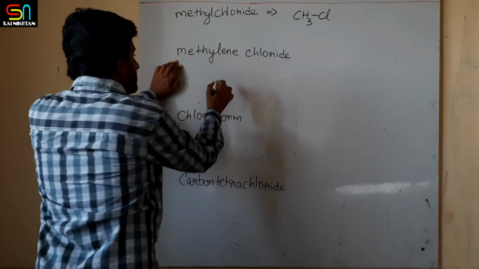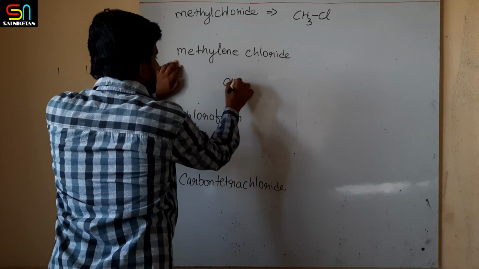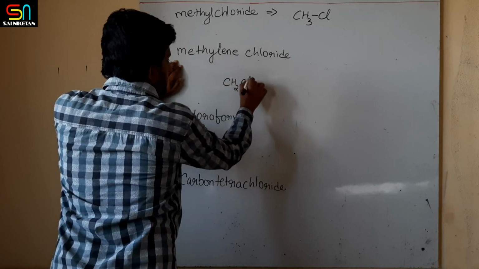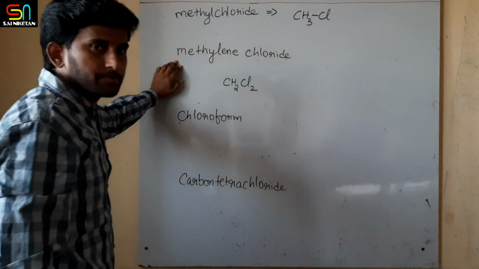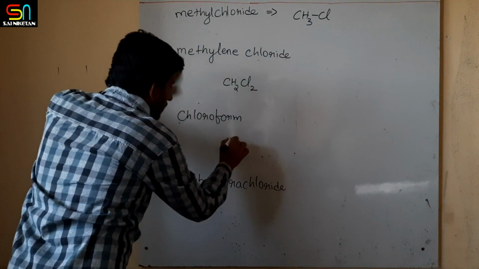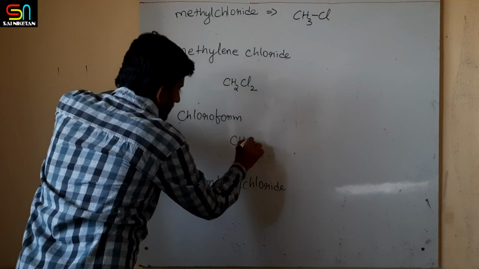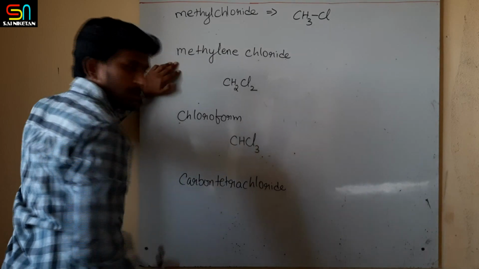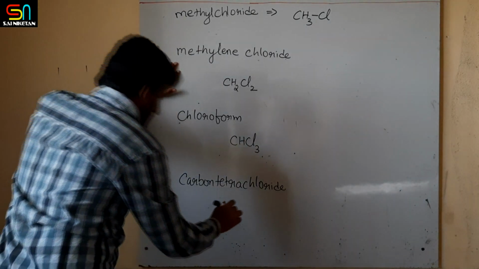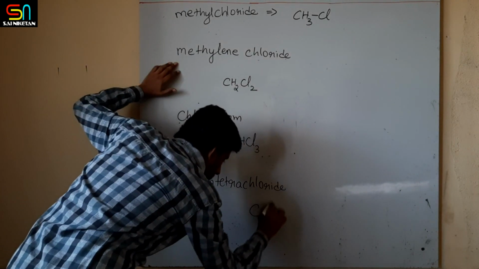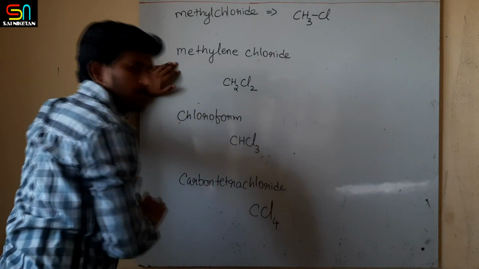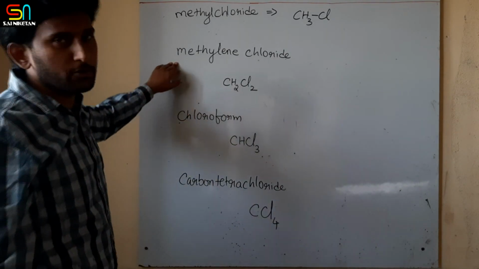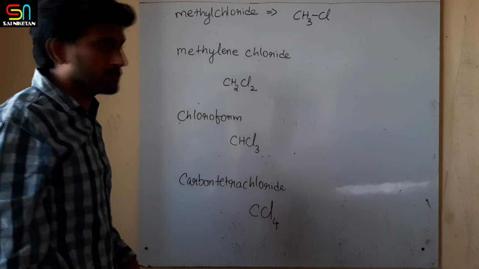Methylene chloride is CH2Cl2. Chloroform is CHCl3. Carbon tetrachloride is CCl4. Now what will be the IUPAC names of these compounds?